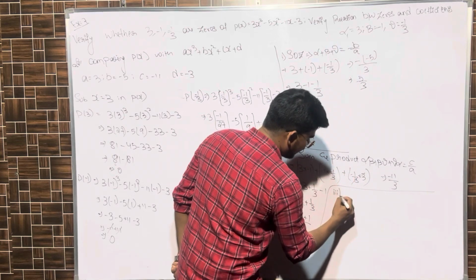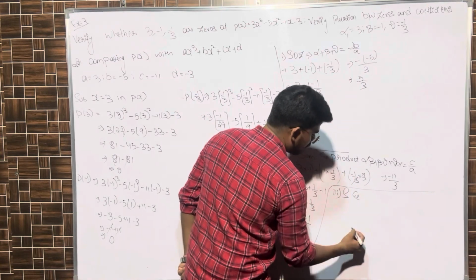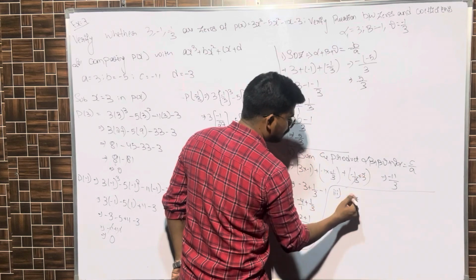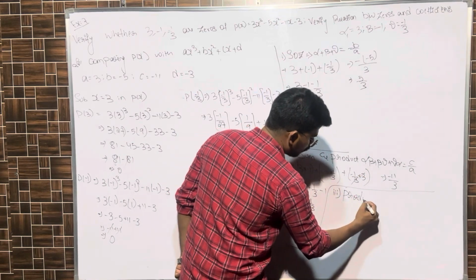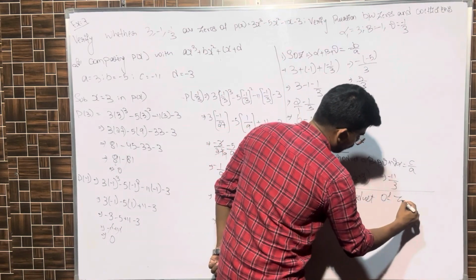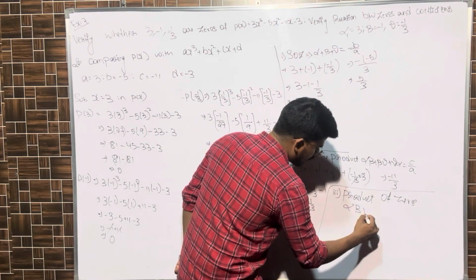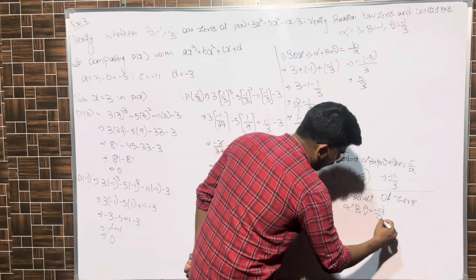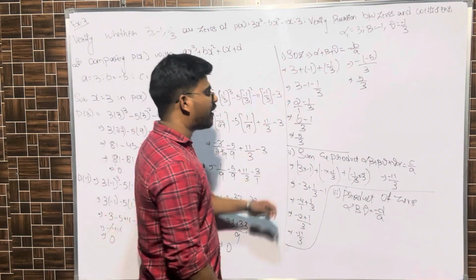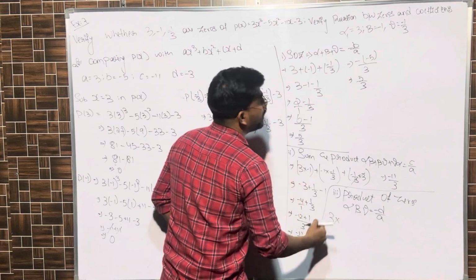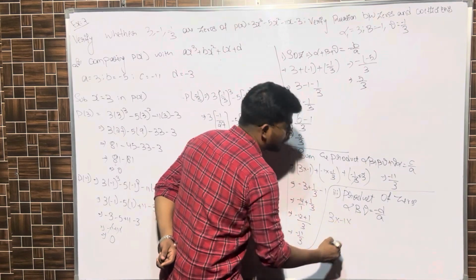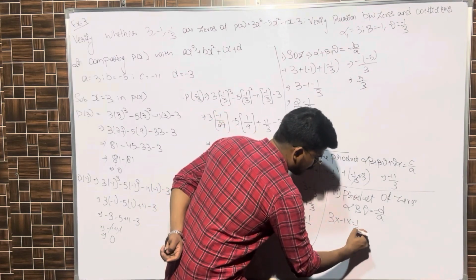Here we'll solve the third one, product of zeros. Product of zeros, alpha beta gamma should be equal to minus d by a. What's the value of alpha? 3 into beta, minus 1, into gamma, minus 1 by 3.